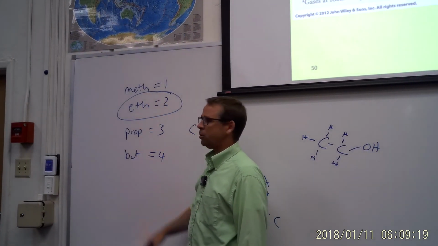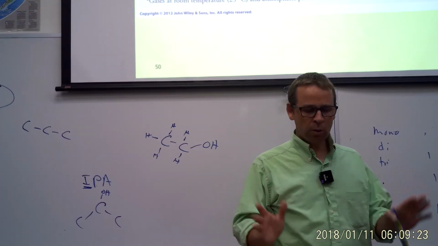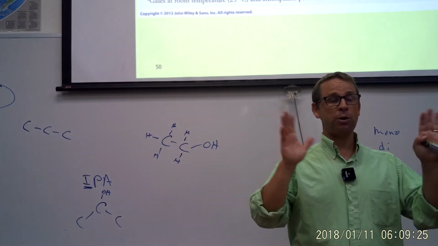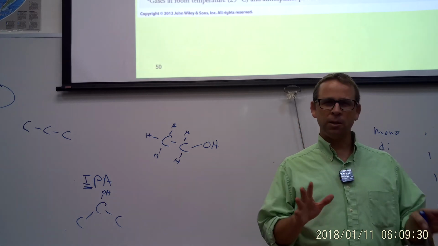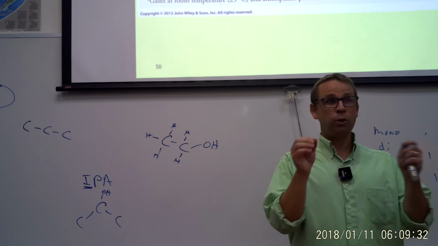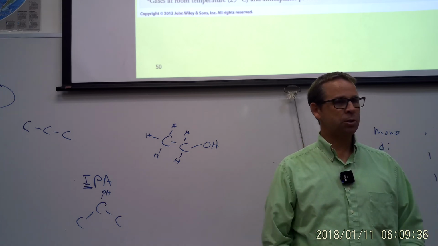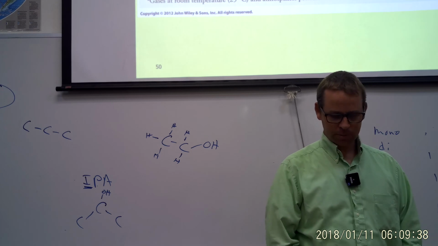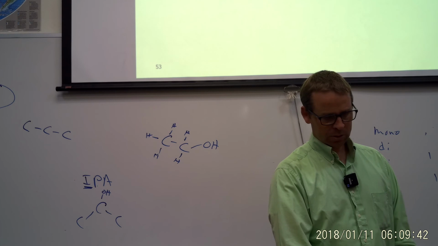Meth, eth, prop, and but are our prefixes that we kind of want to, don't spend a whole lot of time, but don't be freaked out when you see them on a test. Okay? Usually it won't be a situation where if you don't know the number, then you can't figure out the problem, but you just don't want to be completely unfamiliar with it. Okay, so that I think is a good enough introduction to our organic chemistry.